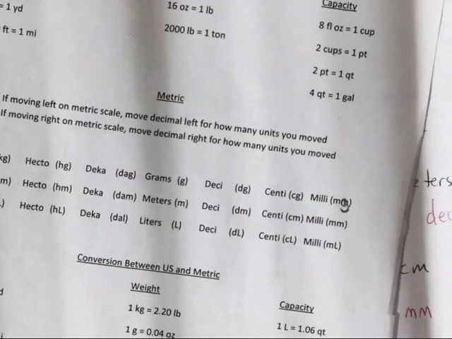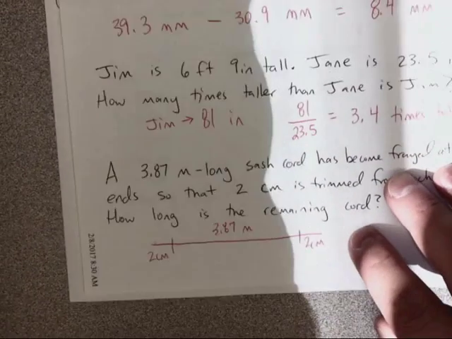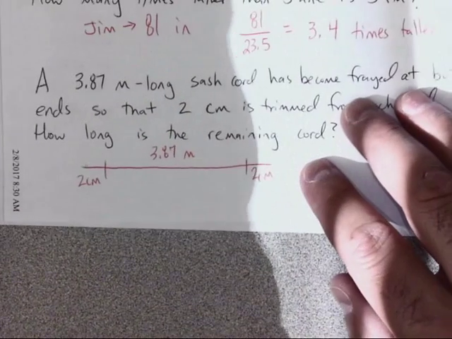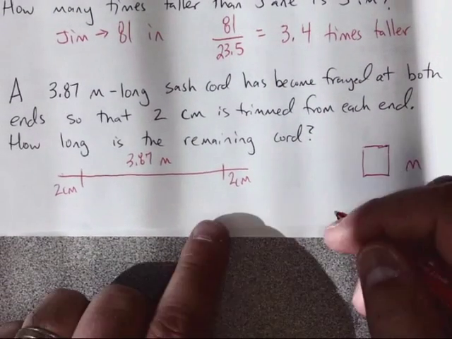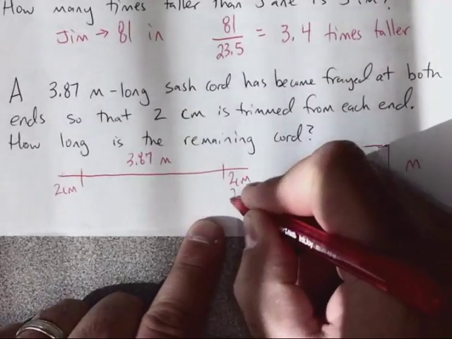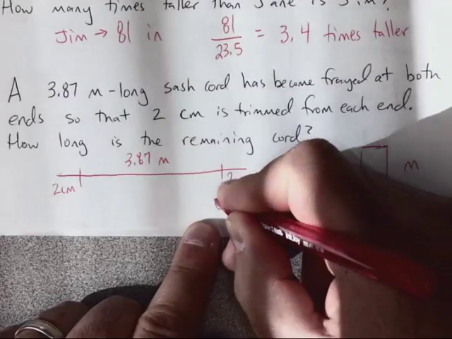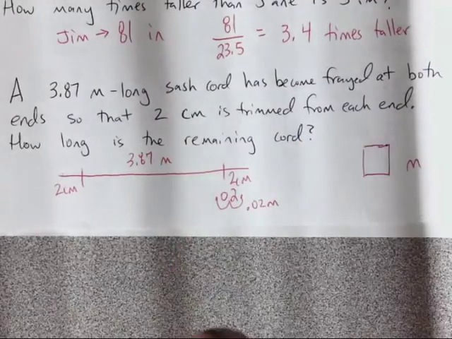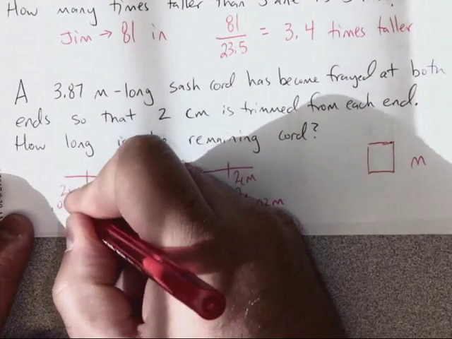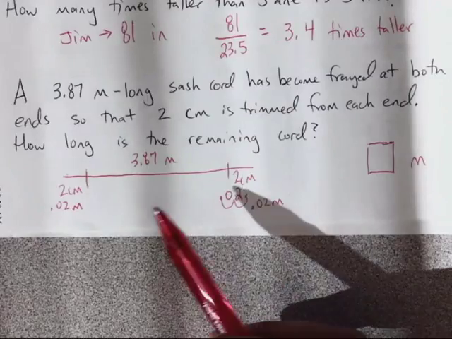So 2 centimeters is equal to, here's the decimal, 2 places to the left, 1, 2, 0.02 meters. So I'm taking 0.02 meters off of each end.